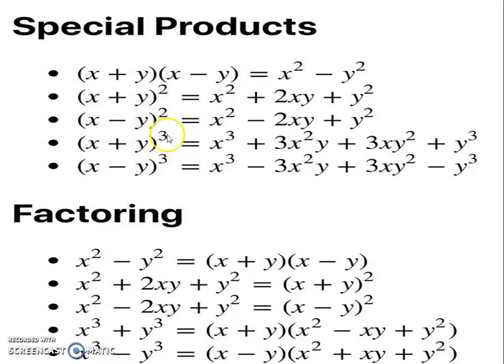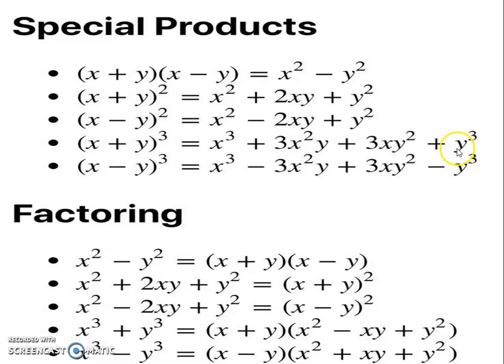Next one, x minus y bracket square, x square minus 2xy, the same trick is applied, but the negative sign is in the middle term. That is a quadratic equation. x plus y bracket raised to cube, the same trick we have to apply. First is x cube plus 3, which remains the same. Here x square y plus 3xy square. You see that the x index is 2, but the x index here is 1, and the y index will be increasing.